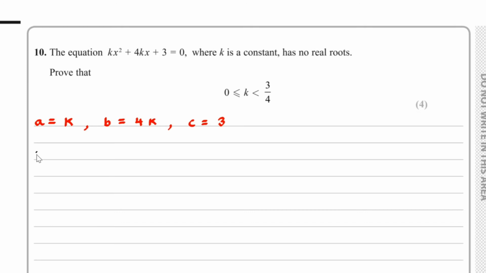And if we use the discriminant, we have b squared minus 4ac being less than 0. And the reason it's less than 0 is because we've got no real roots. And using the discriminant, we've got b squared, so that would be 4k squared minus 4ac.